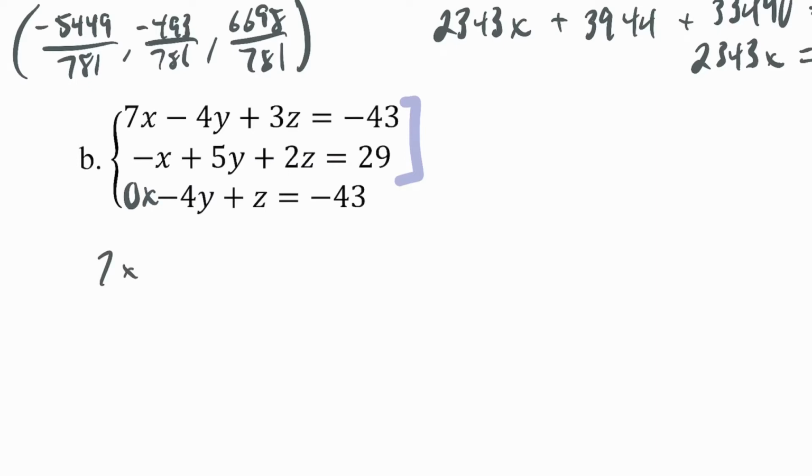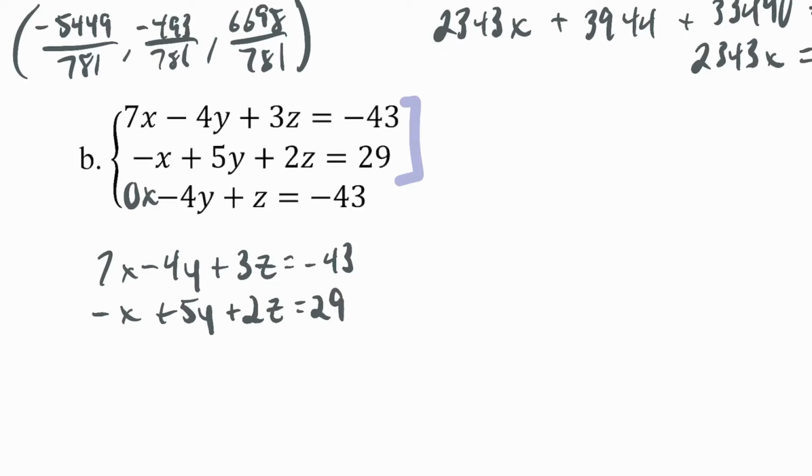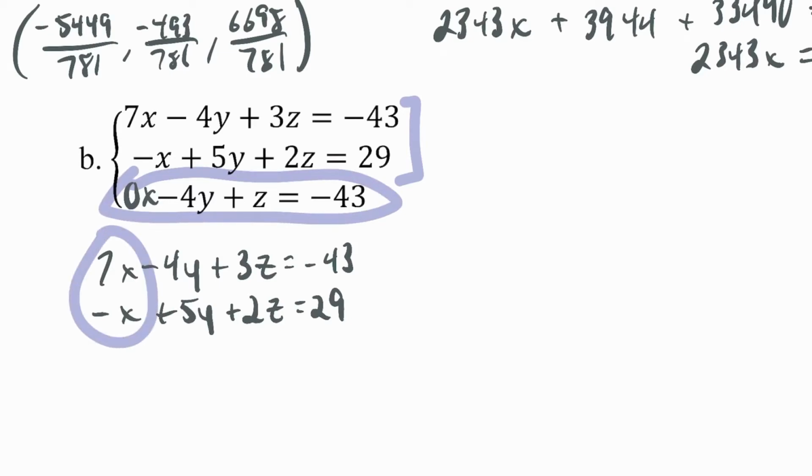So I have 7x minus 4y plus 3z equals -43, and minus x plus 5y plus 2z equals 29. Okay, so overall we can do substitution or elimination, but I want to reuse this one, so I need to do elimination. I'm eliminating x. So I'm going to multiply the bottom equation by 7 so I can get -7x here.